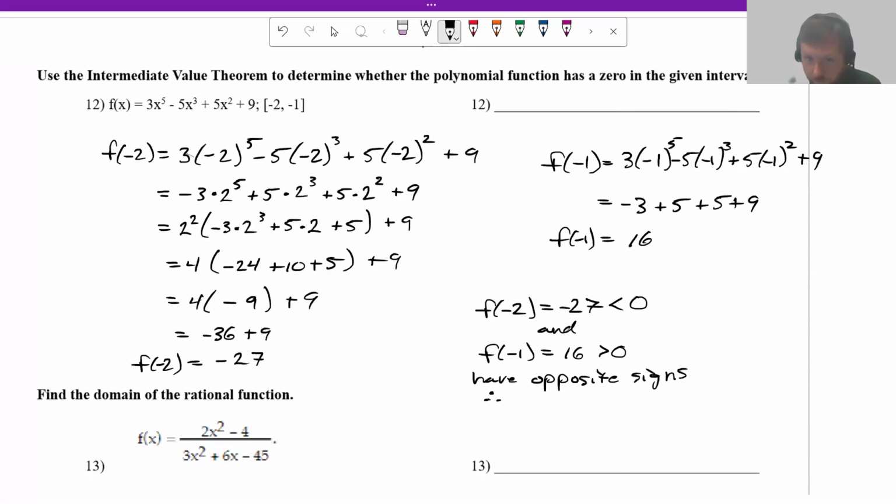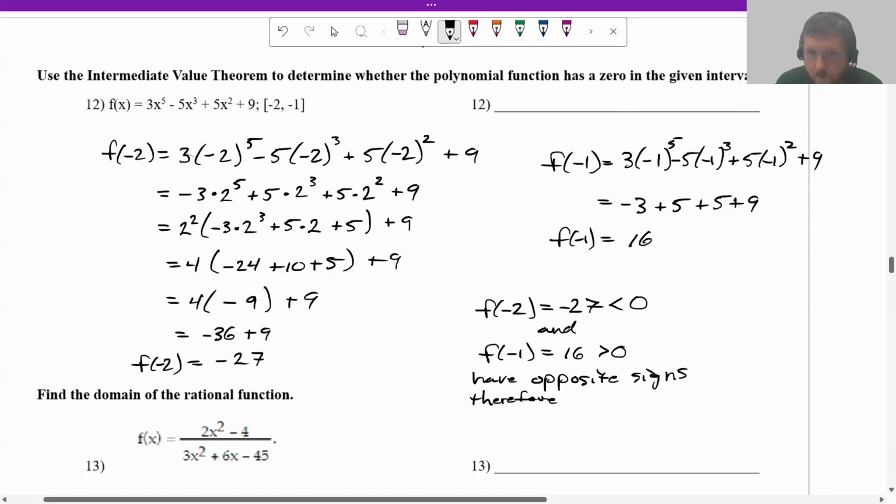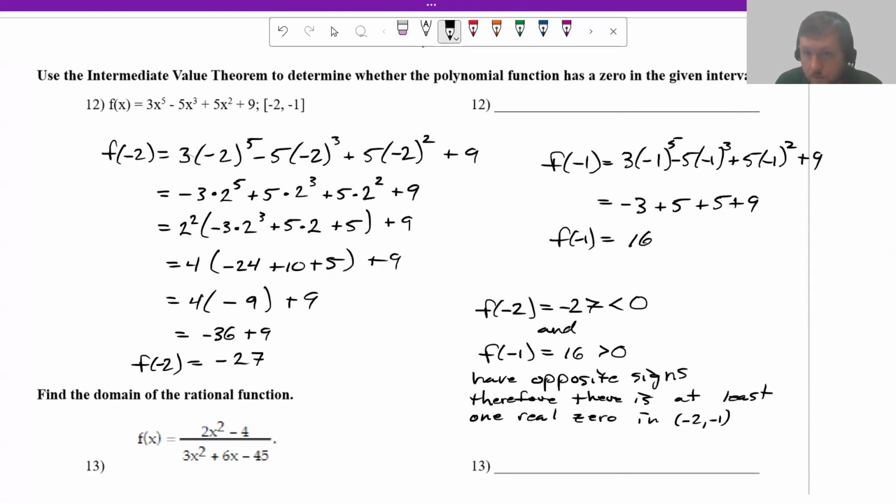Therefore, okay, sorry. Therefore, there is at least one real zero in -2, -1 by IVT. So it does.